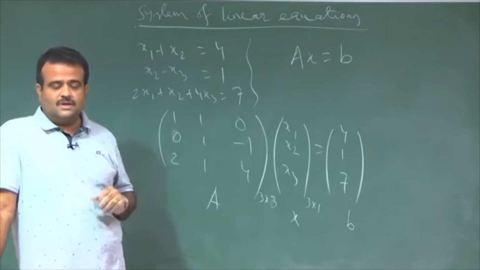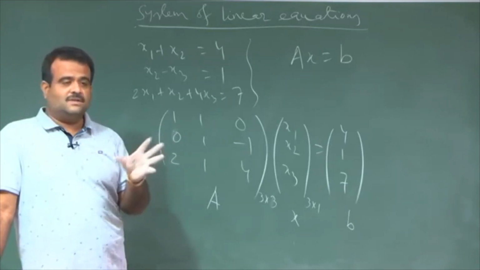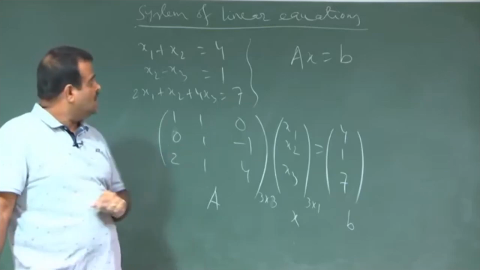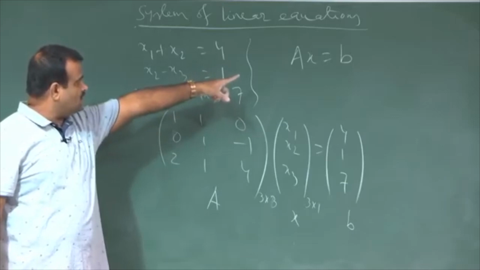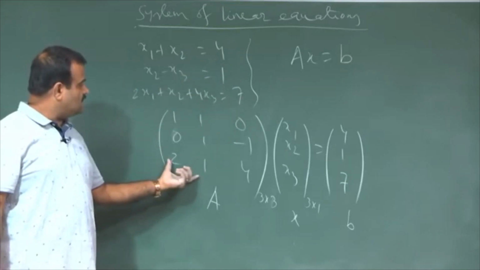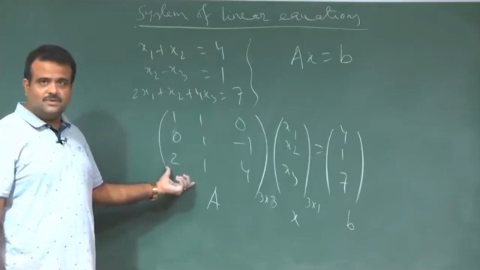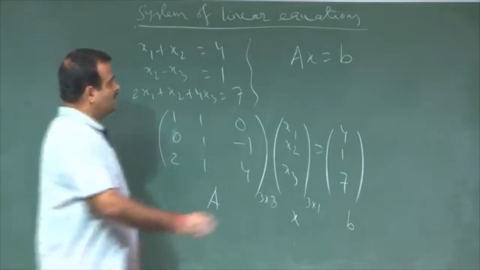If there is a solution, it may be infinitely many, or a unique solution. Suppose we have a non-singular matrix, that is, the determinant of A is non-zero, then we have an inverse of A, so we have a unique solution.